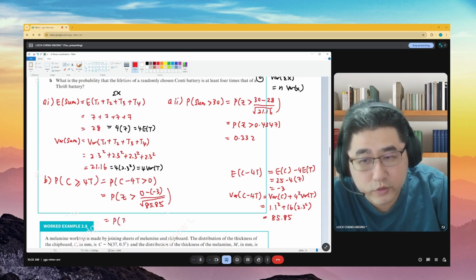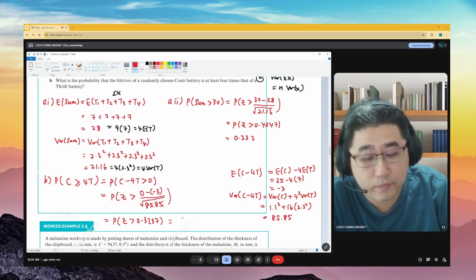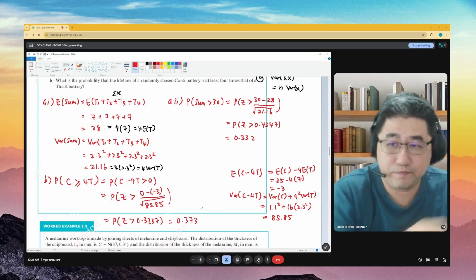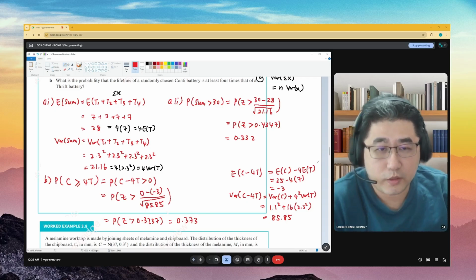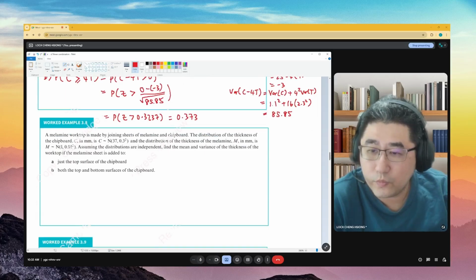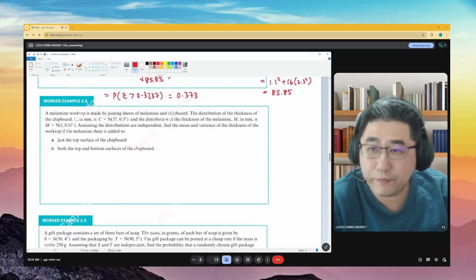So P of Z greater than 0.3237 equals to 0.373 as your answer. Okay, we have more examples. Let's go through them one by one.